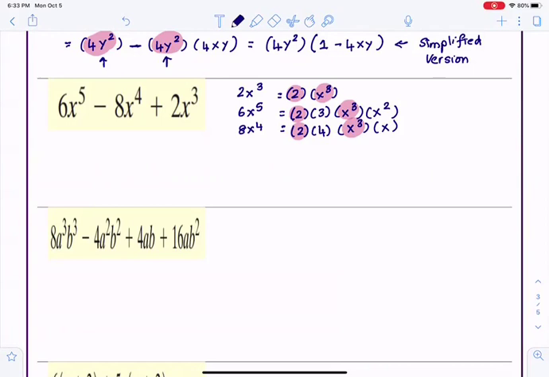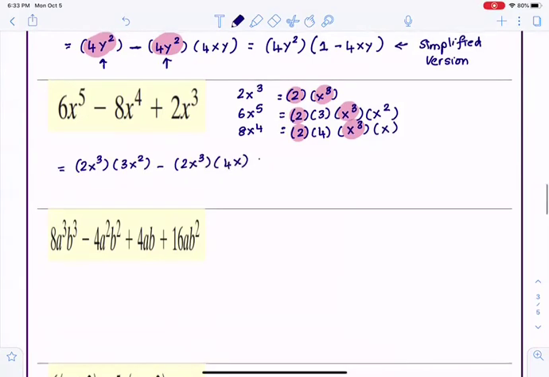6x raised to 5, I can now write as 2x cubed multiplied by 3x squared. 8x raised to 4, I could write as 2x cubed multiplied by 4x. And lastly, I have 2x cubed by itself. We already know that the GCF is the common term that we have amongst those 3 terms, so I am going to pull that out from each of those 3 terms.